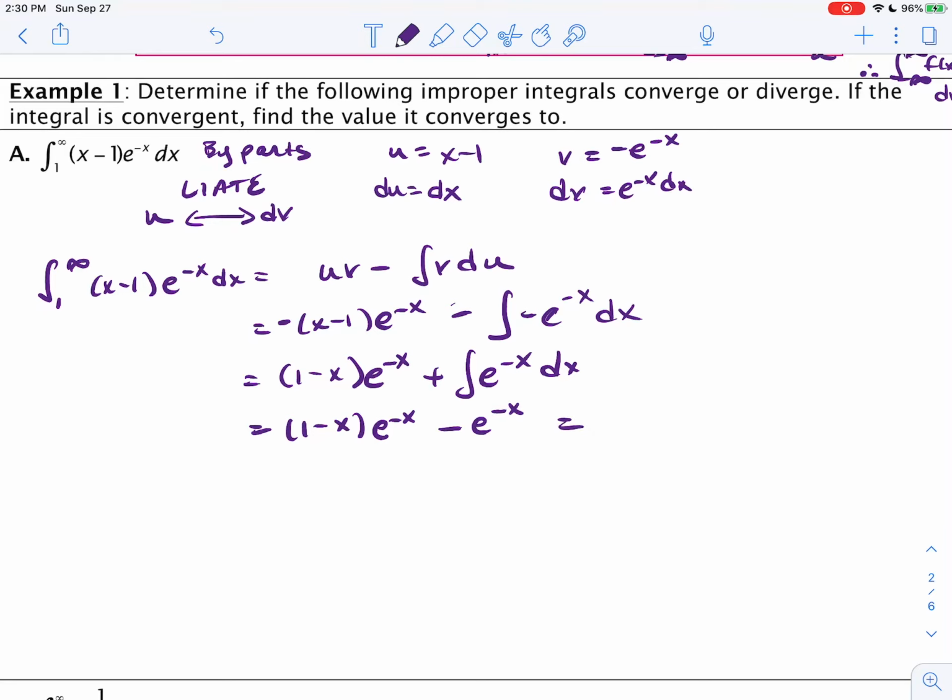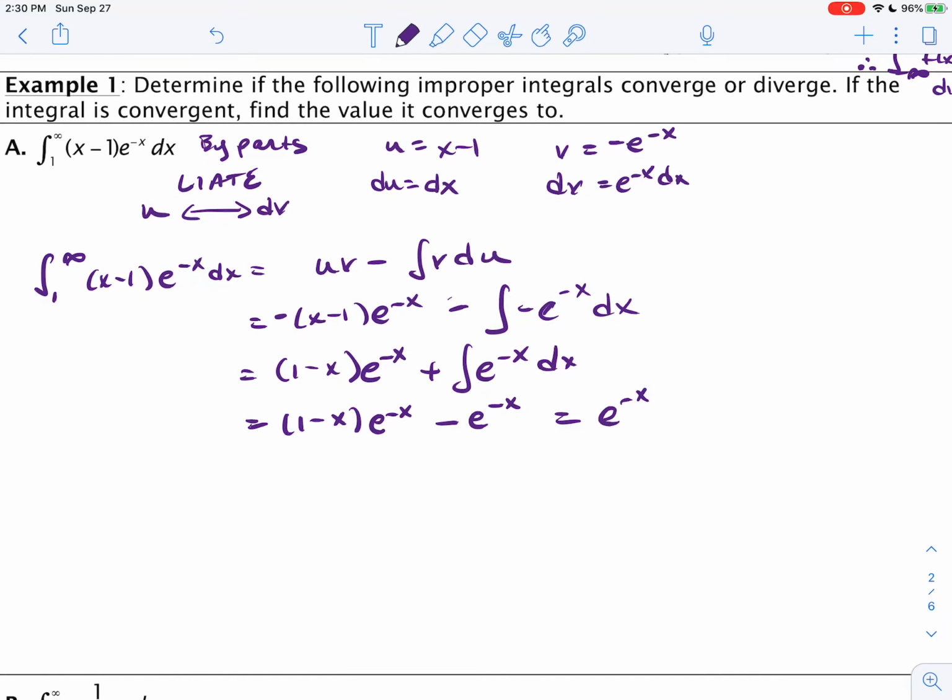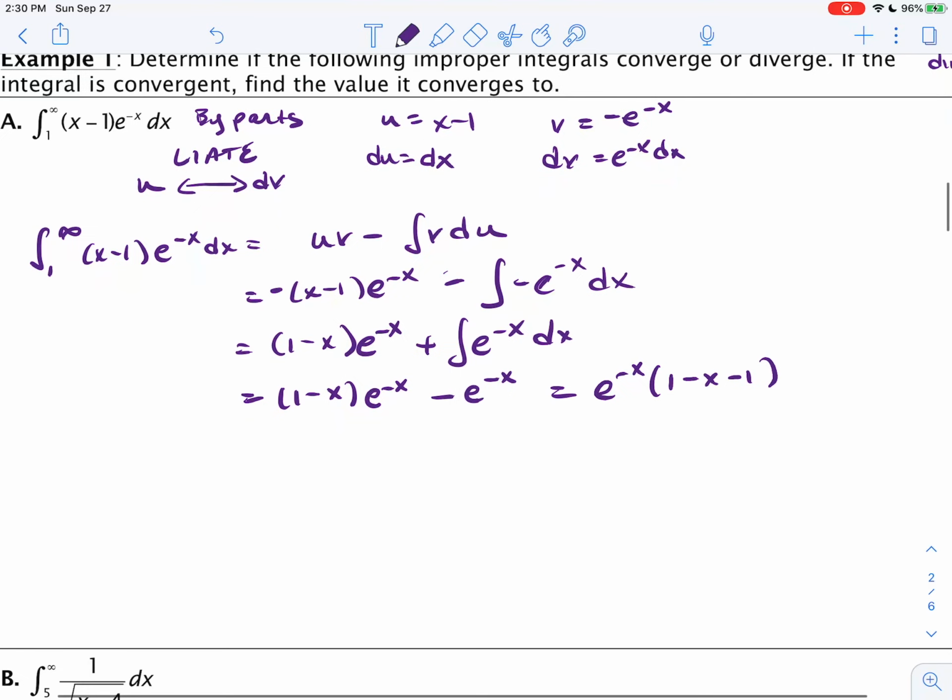I can factor out the e to the minus x, and I end up with 1 minus x minus 1. With the 1's canceling, I get minus x, and taking e to the minus x downstairs, I end up with minus x over e to the x. And that is my antiderivative.